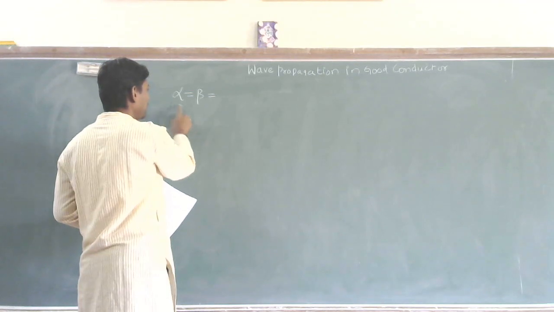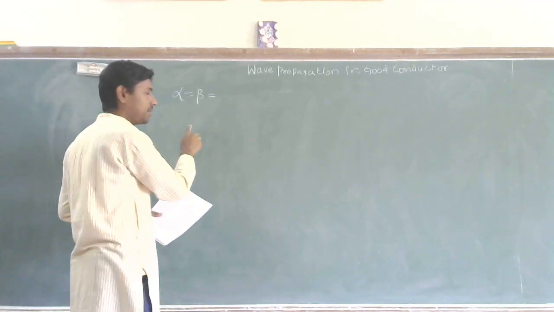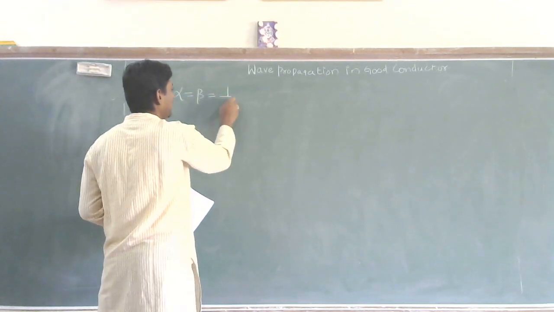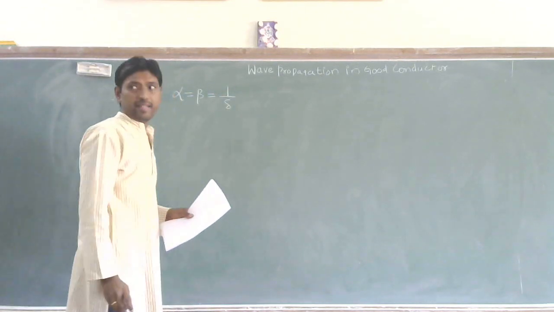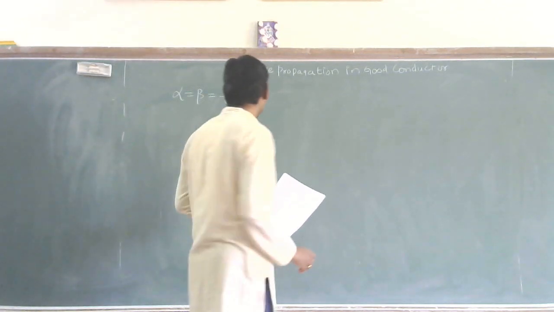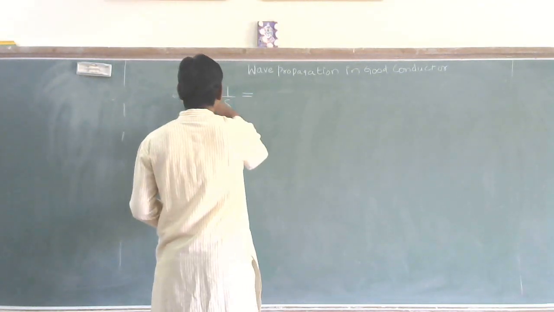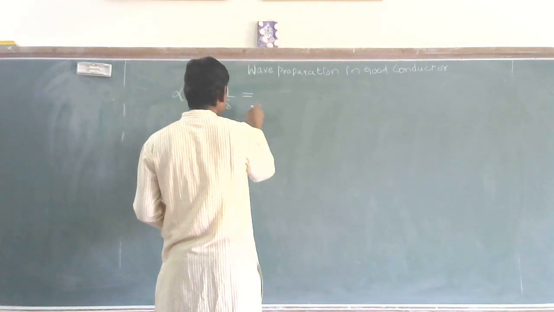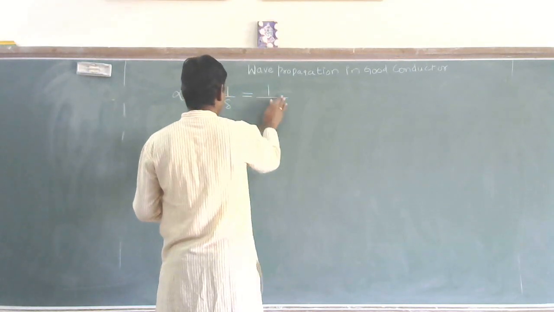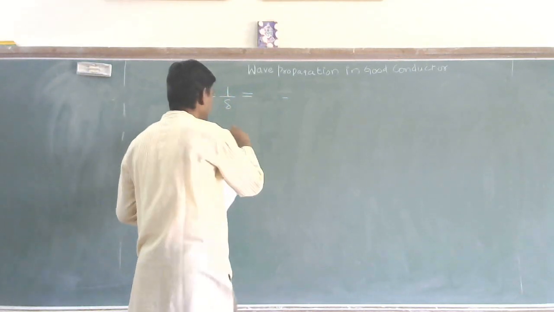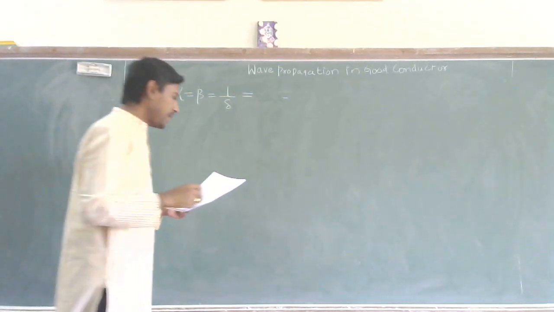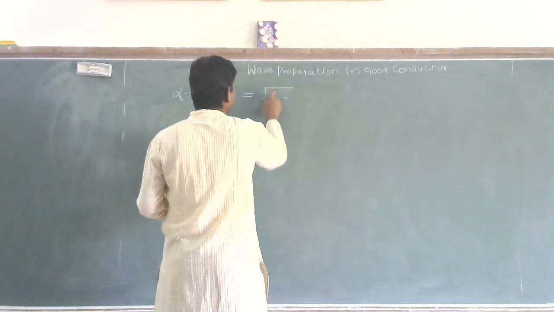But I also know that alpha, just now we have checked, is equal to 1 by delta, which is skin depth. Which means that we know delta is 1 divided by root of pi f mu sigma.